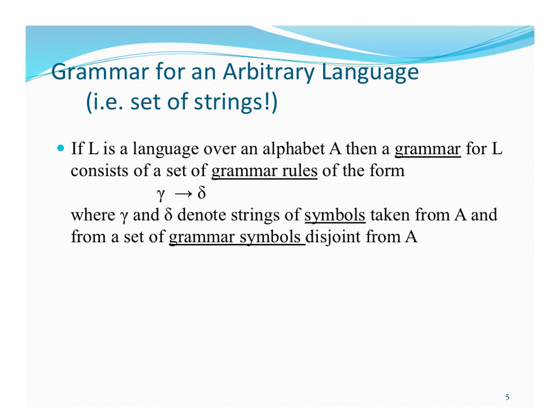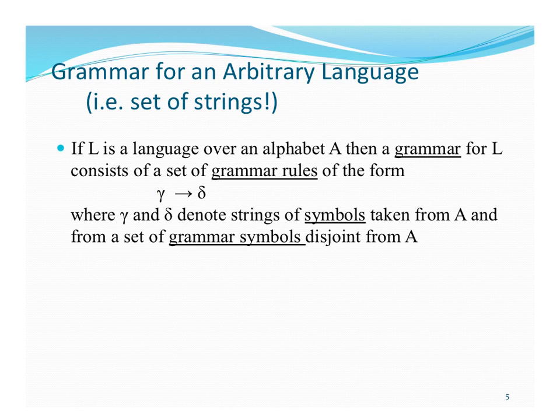So now let's talk about the grammar for an arbitrary language, keeping in mind that by the word language, I mean a set of strings. If I say to you, at least for the rest of this semester, what's a language, you should just instantly blurt out at this point, it's a set of strings. So if we have L as a language over an alphabet A, then we can talk about a grammar for L, which is a bunch of grammar rules, and they all take this form: one thing, arrow, another thing.